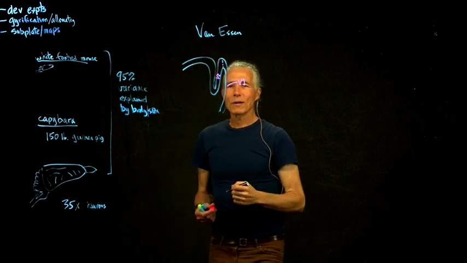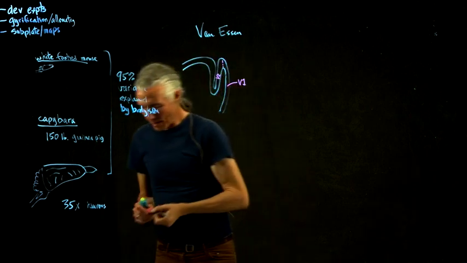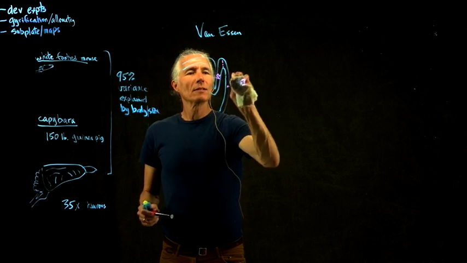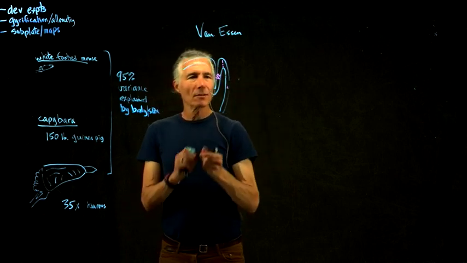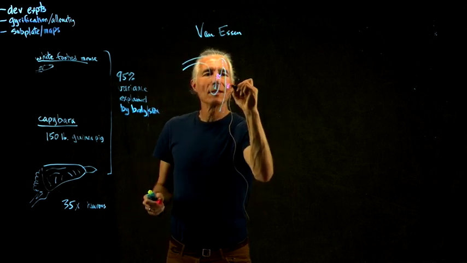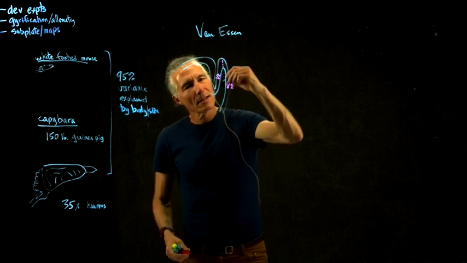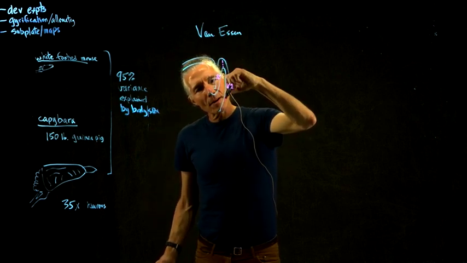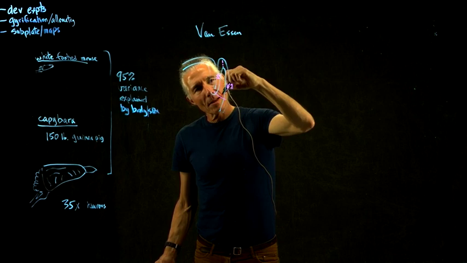When you look at the organization of the map in these two areas, it looks like they're conveniently set up, because this part of the map relates to this part of the map in V2.